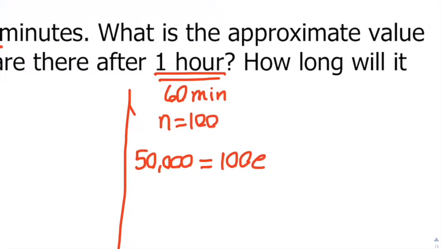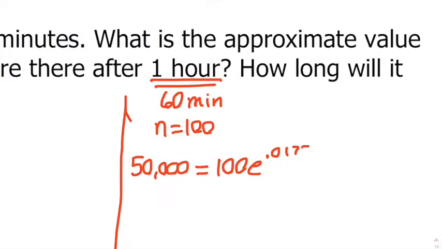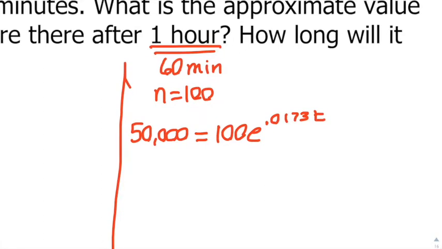And then we'll go e raised to the k value, which was 0.0173, and then we'll put a t right here. We don't know what t is. Now like before, we want to get rid of that 100 out in front, so we're going to divide both sides by 100.